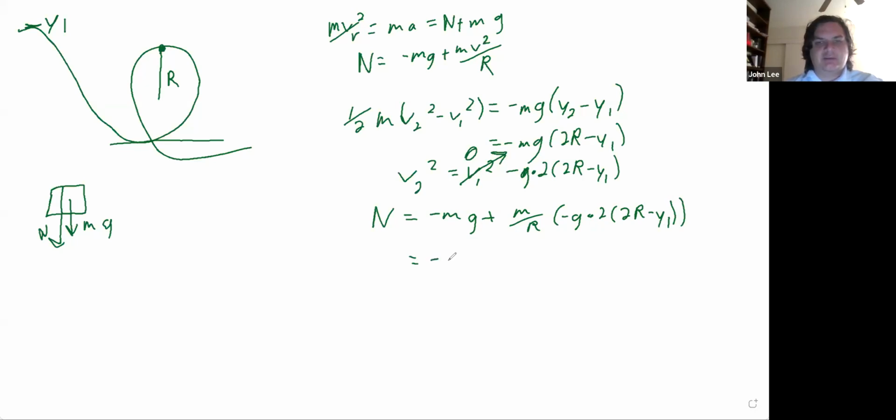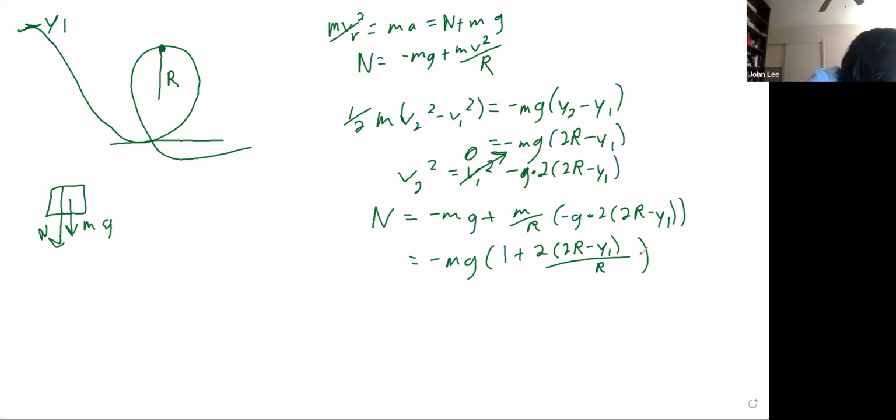So n equals negative mg times 1 plus 2 times 2r minus y1 over r. And then that should be right. Just a second.